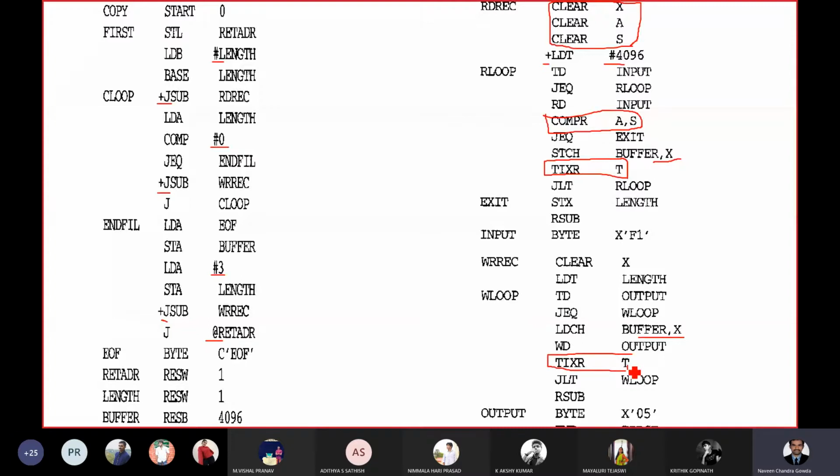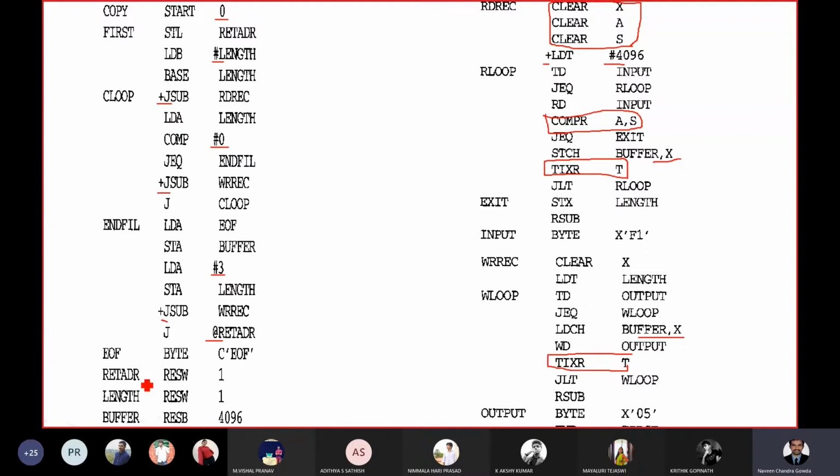Now let us start assigning the addresses. The starting address is 0, from where you start assigning addresses based on the type of instruction. The type of instruction can be format 1, 2, 3 or 4, or it can be one of the assembly directive instructions like these, for which you assign the address based on different scenarios. That is the same story we discussed in the previous examples.